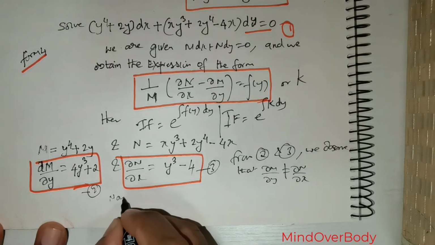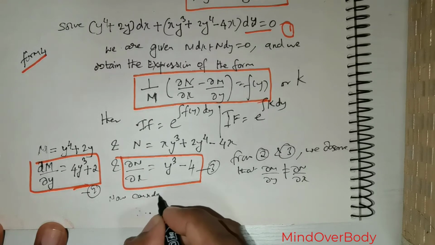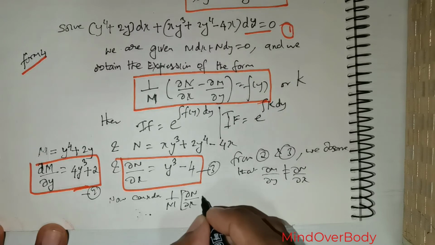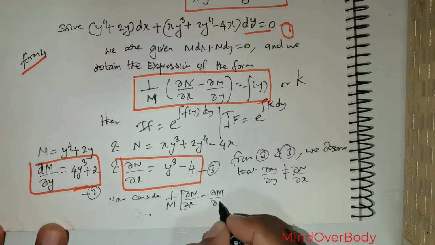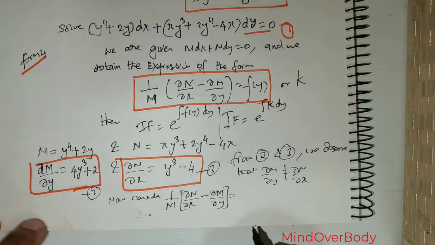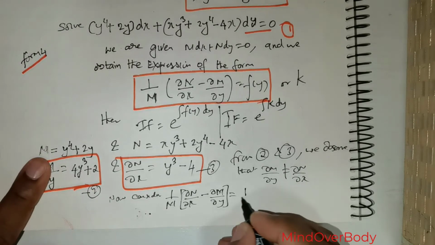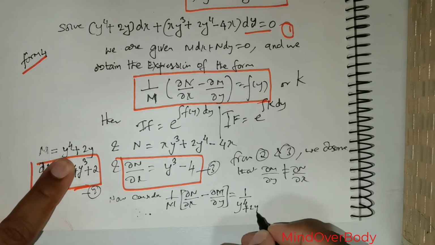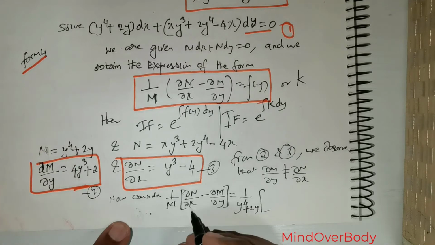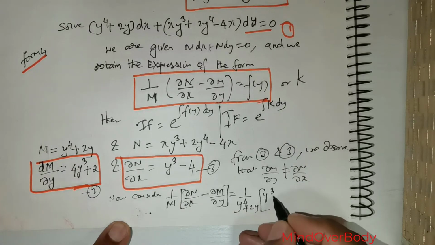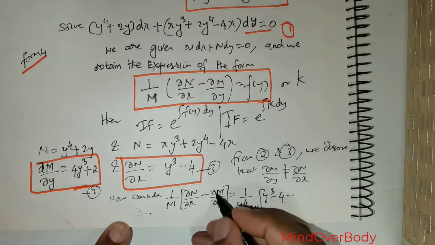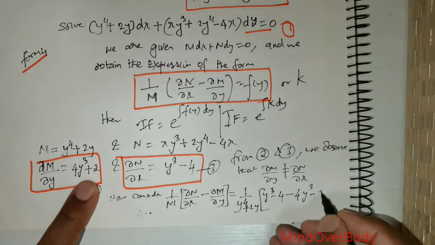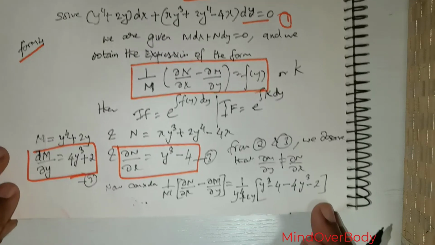So consider 1 over m of dou n over dou x negative dou m over dou y, which is equal to, my m is y raised to the power of 4 positive 2 times y, times dou n over dou x, that's going to be y cubed negative 4, negative dou m over dou y, that's going to be negative 4y cubed followed by negative 2. So this is exactly what I've got.